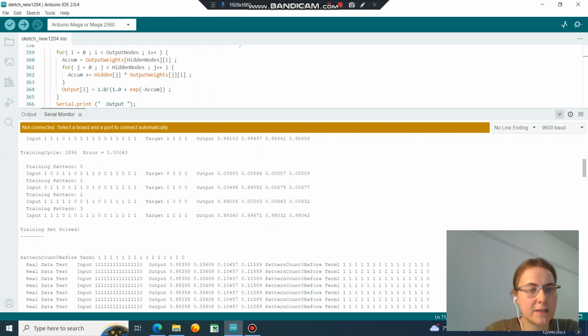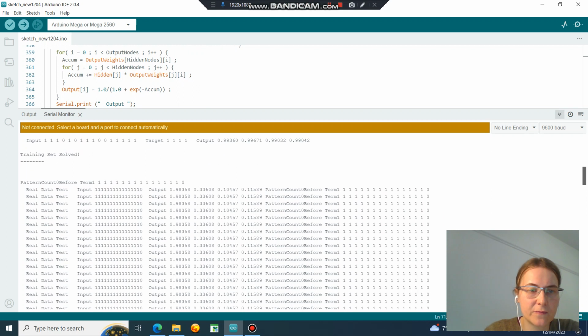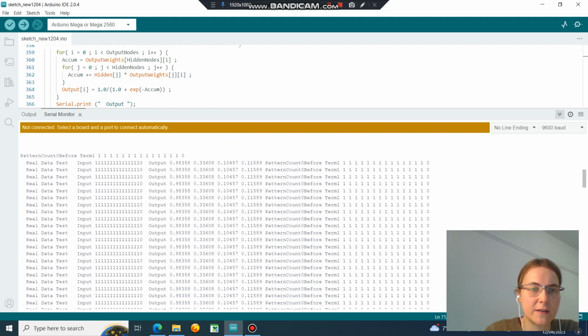When we see training set self, we know the training has been finished. And now we can look at the results. For example, the line which I highlight, we look at the output 1, 2, 3, 4 values. This is close to 1, this is close to 0, close to 0 and close to 0. In this case we have 1, 0, 0, 0.